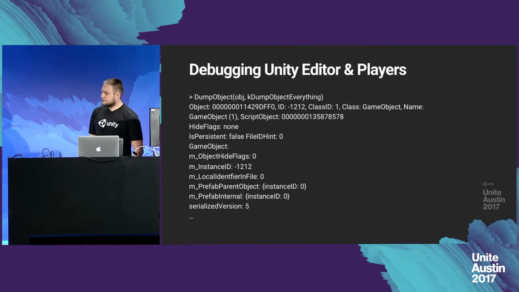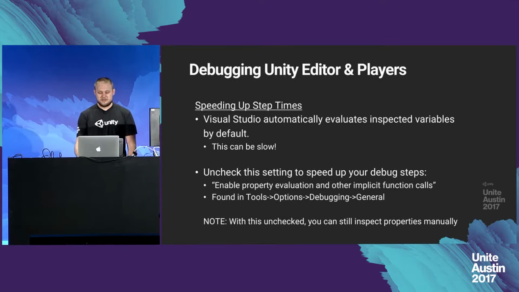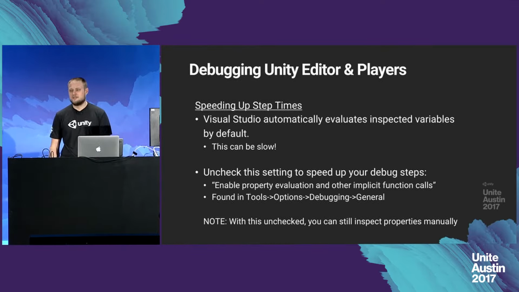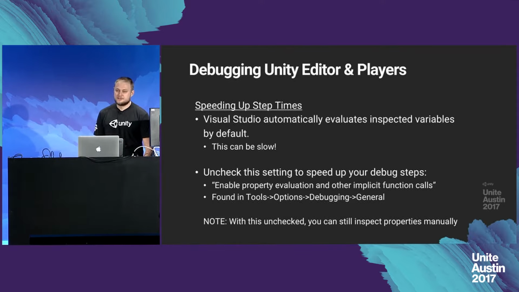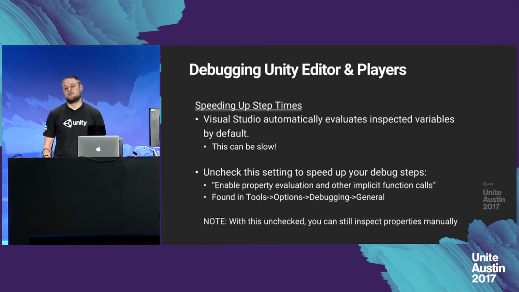Okay, so the next tip I have is speeding up your Visual Studio step times. One thing you might notice when you're debugging Unity is you have your debugger attached and you're stepping through, and it's super slow. The reason is that Visual Studio will automatically evaluate inspected variables by default, all of them.